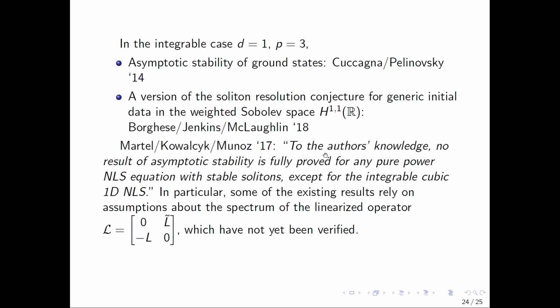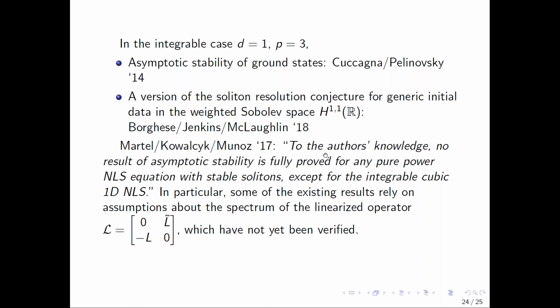And one of the places where the existing results fail to be complete is that they often make assumptions about the spectrum of the linearized operator. This L is the same operator we've been talking about previously. This L tilde is a related operator. This script L, the spectrum of this operator is much harder to understand than the spectrum of L and L tilde.